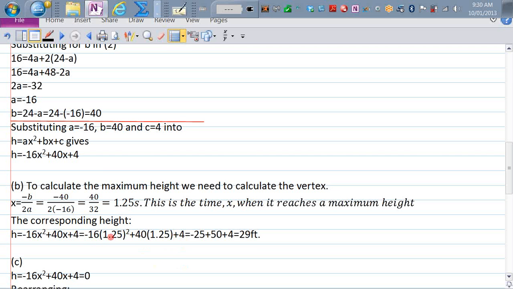Minus 16 times 1.25 squared gives me minus 25. And 40 times 1.25 gives me plus 50, and I have the plus 4, and this works out to be 29 feet. So the maximum height is 29 feet.